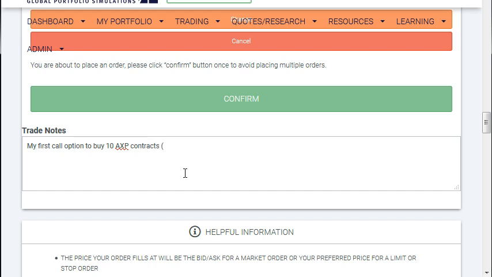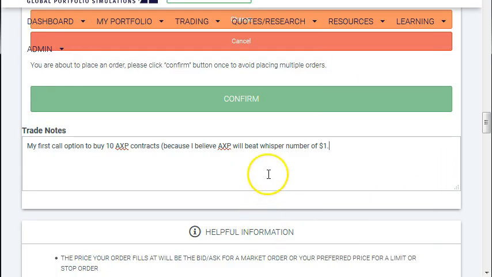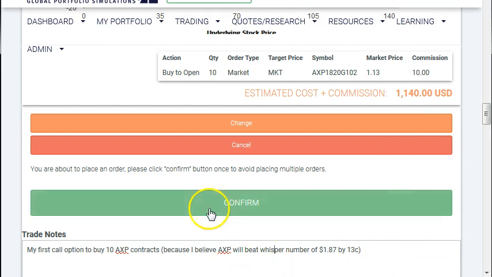You may also want to say because I believe AXP will beat the Whisper number. I think the Whisper number for AXP was $1.87, so it's going to beat by 13 cents because we think it's going to be $2. You can add a comment like that, and when you're all set, you can just confirm it.